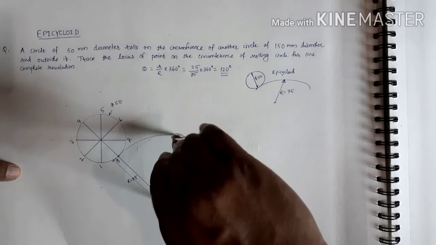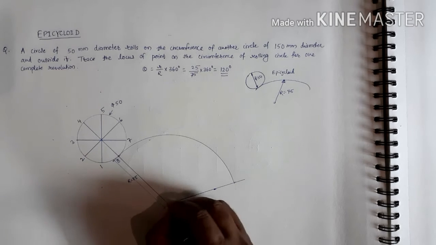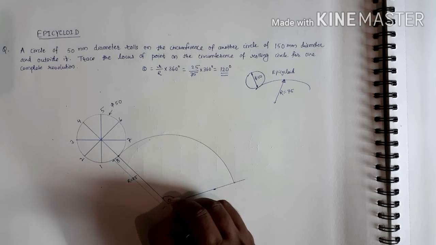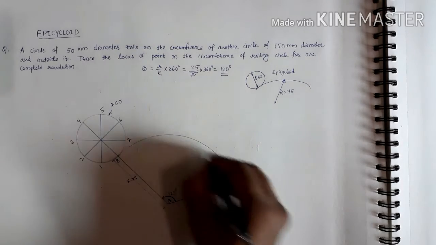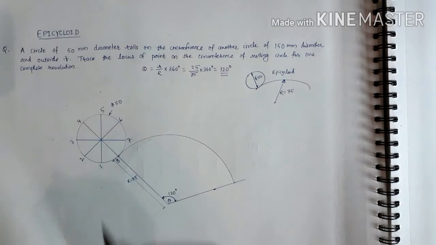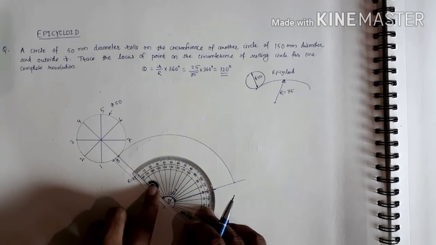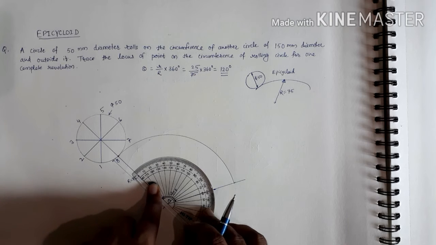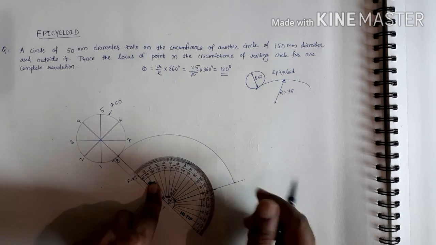Now first draw an arc from point 8. Similarly draw arcs from all the points, that is first, second, third, fourth, fifth, sixth, seventh. Now divide this 120 degrees in 8 parts, the same way we divided the circle.